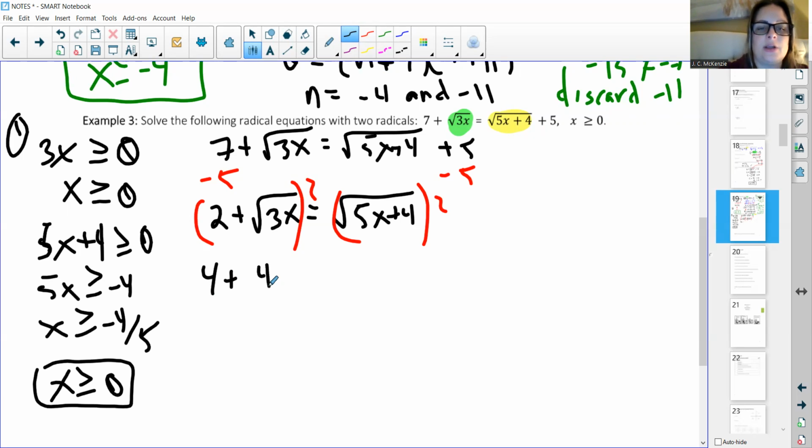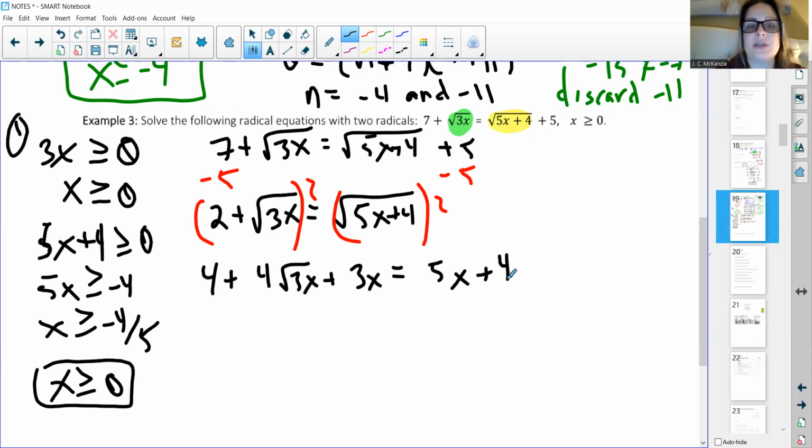So 4 square root 3x plus 3x equals 5x plus 4. Okay, so you'll notice that you still have a radical left over, and that's because those middle terms don't cancel out because it was a trinomial square.